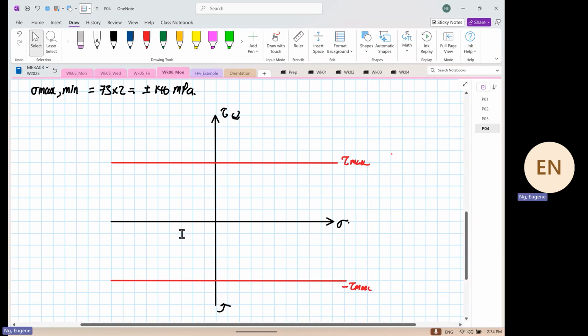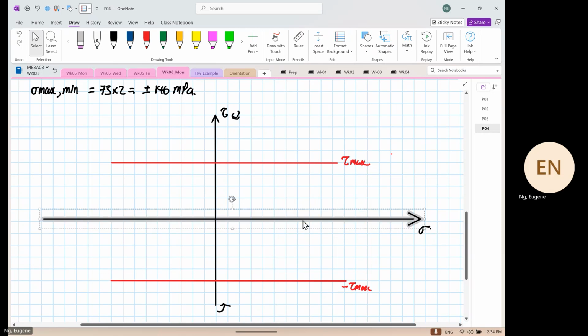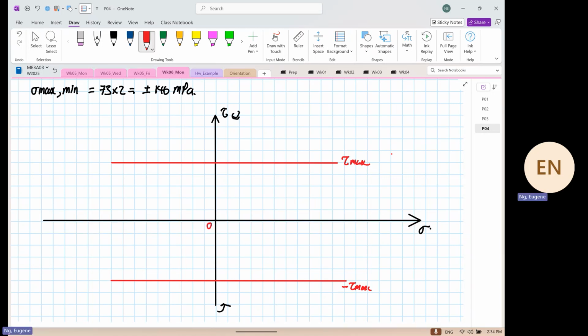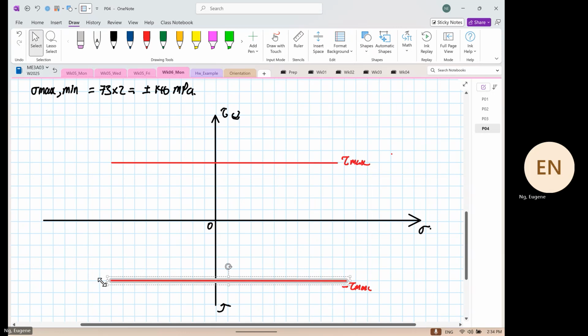Maybe we have not enough space. Maybe I need to go further. And we know this is equal to 0. At the center, 0 normal stress, 0 shearing stress.